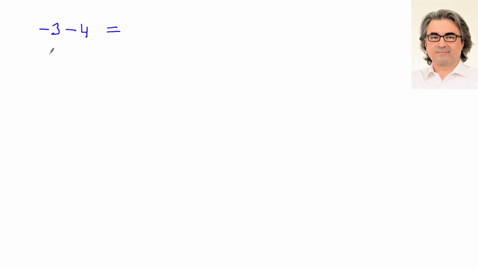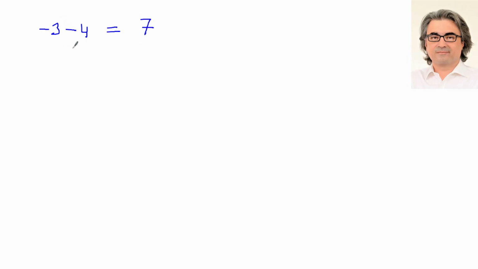As you see, we have two numbers having the same signs, minus namely. If the numbers have the same sign, which numbers here? 3 and 4. They have minus sign. Find the addition of these two numbers. 3 and 4 is 7.